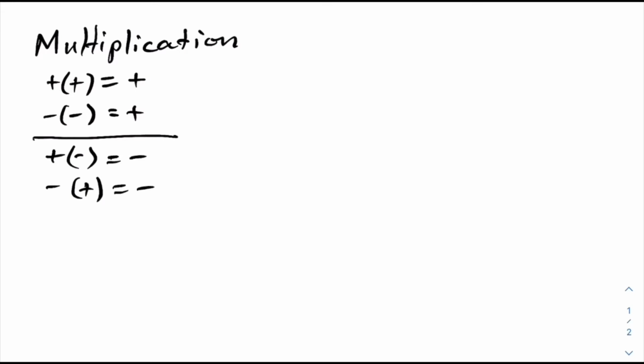Negative times positive equals negative. So to sum it up, there's only two things you have to remember. If you're multiplying two signs that are the same, you always get positive. And if you're multiplying two different signs, you're going to get negative. And the order doesn't matter.